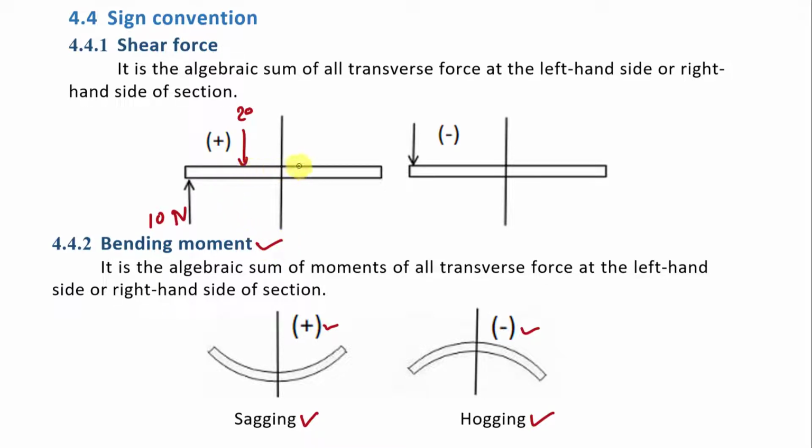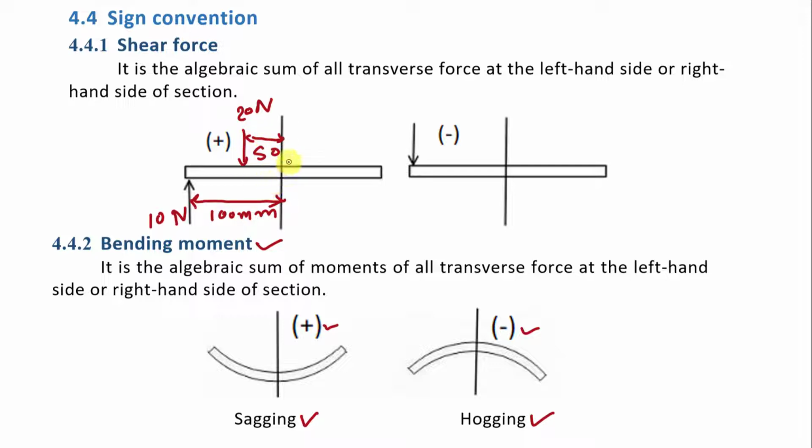So let's say here we have this beam and we apply 10 Newton in the upward direction at this point, and let's say this distance is 100 mm. And let's say we apply this 20 Newton load in the downward direction at this point, and this distance is, let's say, 50 mm.